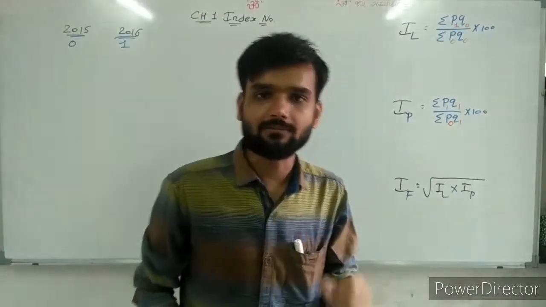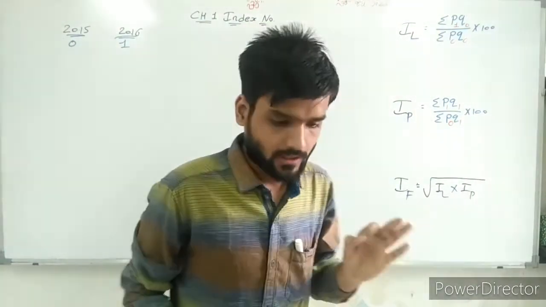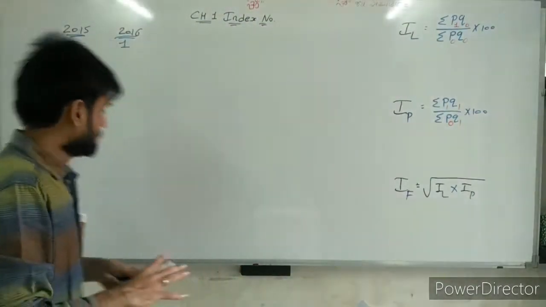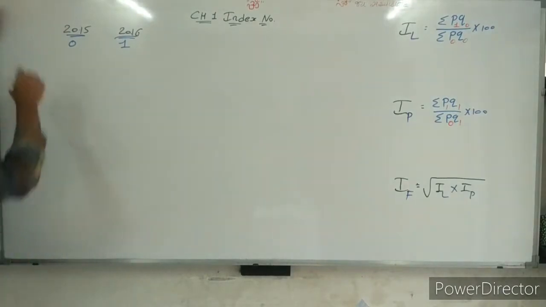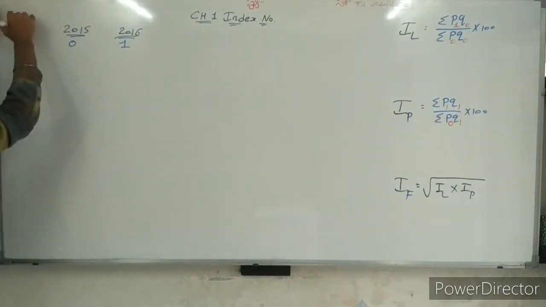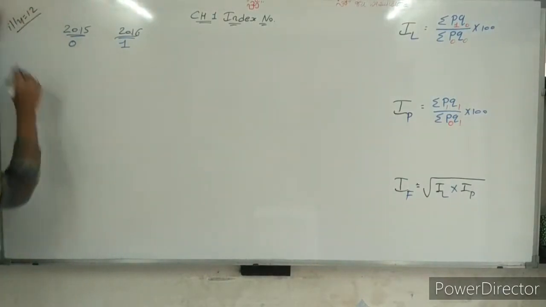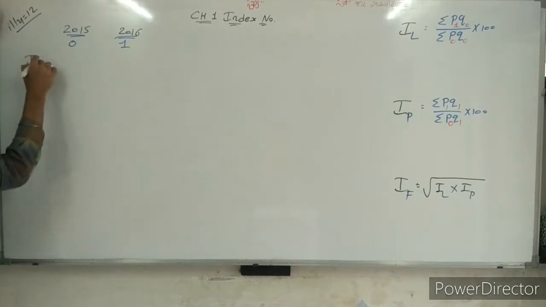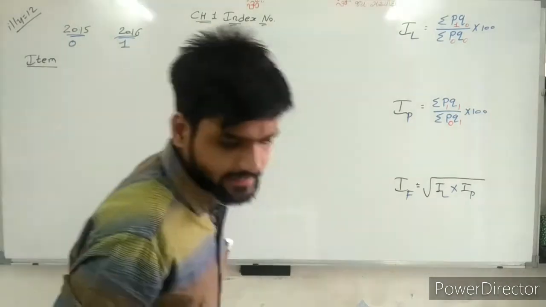So first of all I am writing the names of the items. Item name: the first item is rice.